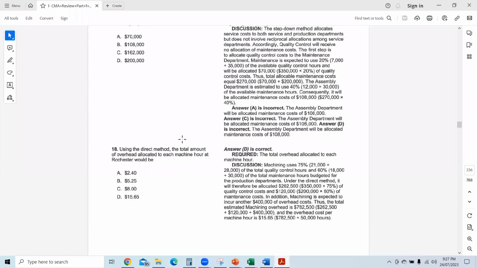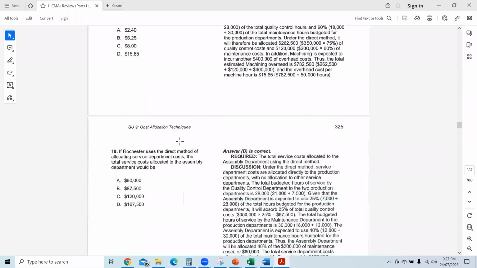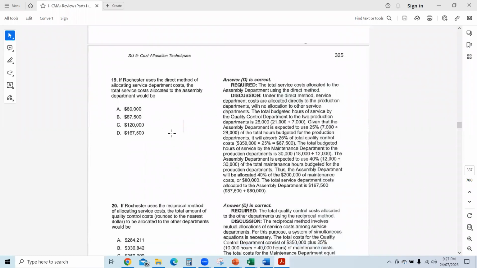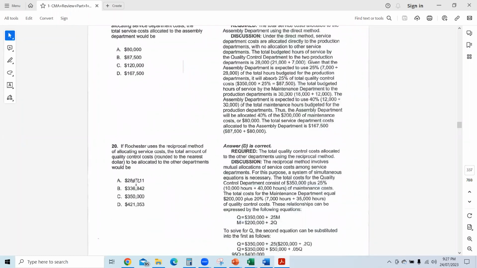So you can see the reciprocal method. Let's see what it says. This is the direct method. This is the reciprocal method. Question 20. If Orchestra uses the reciprocal method of allocating service cost, the total cost of quality control, nearest to dollar, to be allocated to the other departments, right?